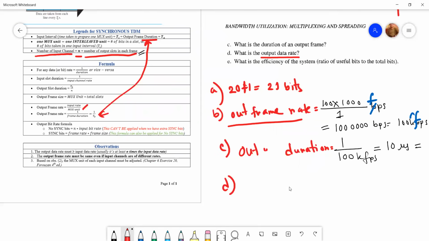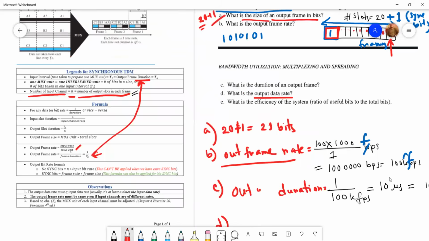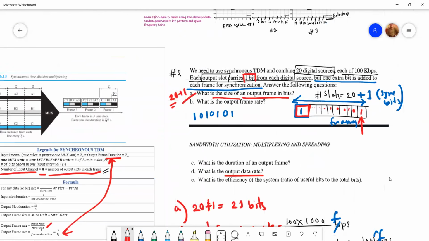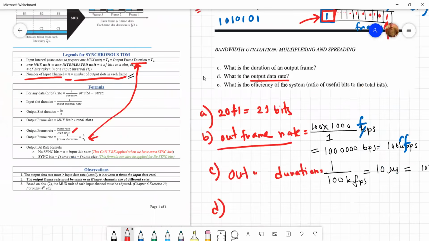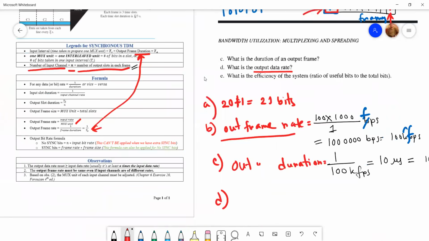Now the thing is that we have a synchronization bit. So our frame size is not equal to the number of the digital sources, because now we have appended an extra 1 bit for synchronization. So now we cannot use that formula.